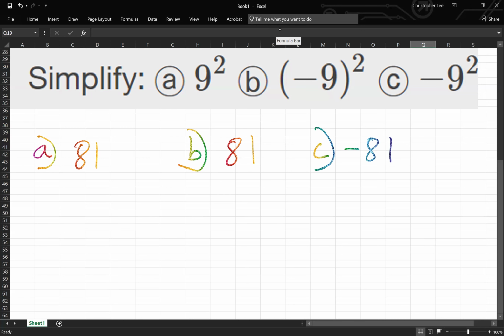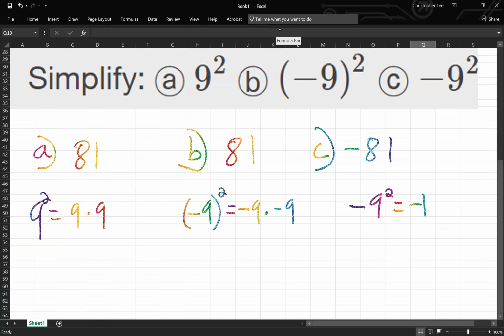All right, so let's run through it. A, 9 squared, we know is just 9 times 9, right? B now, this is negative 9 squared. What is that? That's negative 9 times negative 9. But C, this is negative 9 squared. What is that? That's negative 1 times 9 times 9, right? Parentheses matter. That's the difference between all of them.